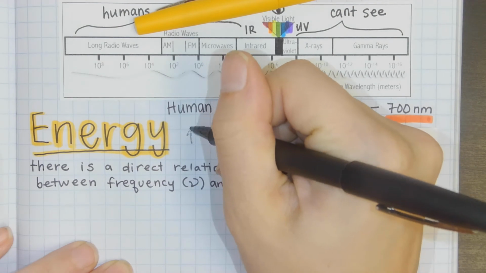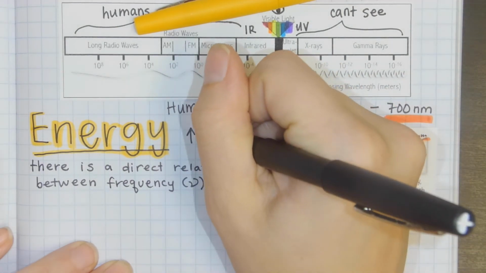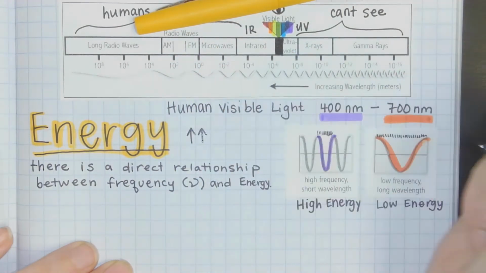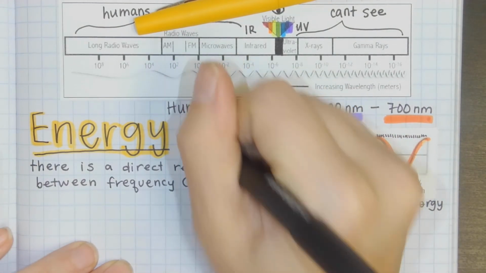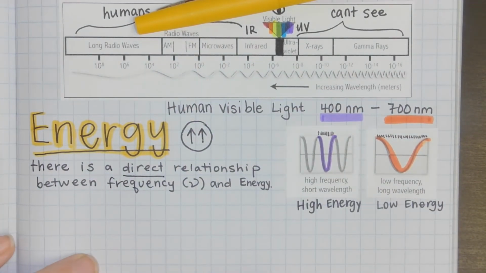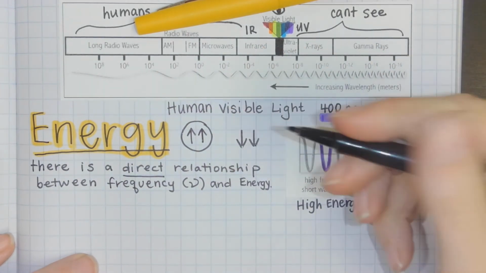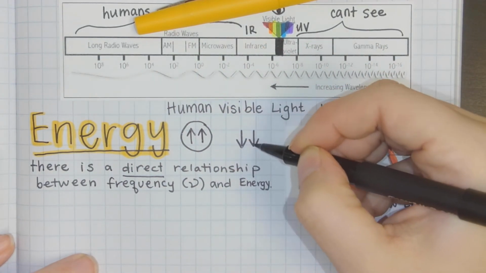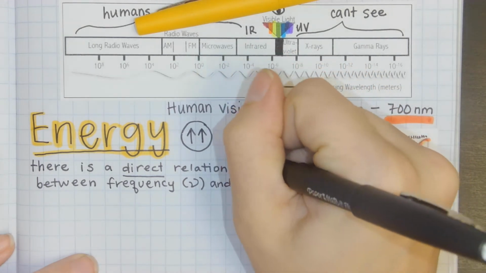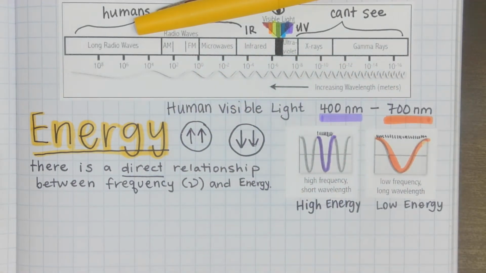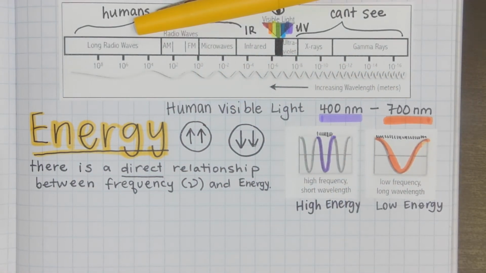If the frequency is really high, then the energy is going to be really high. They run together. They're directly related. If the energy is low, it must not be undulating very frequently.